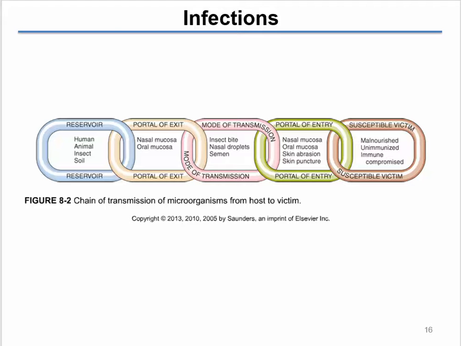So somehow and somewhere there is a host, a reservoir of the pathogen. And then that pathogen somehow has to get out of the reservoir. So that's the portal of exit. It might be the nasal mucosa in the case of influenza.